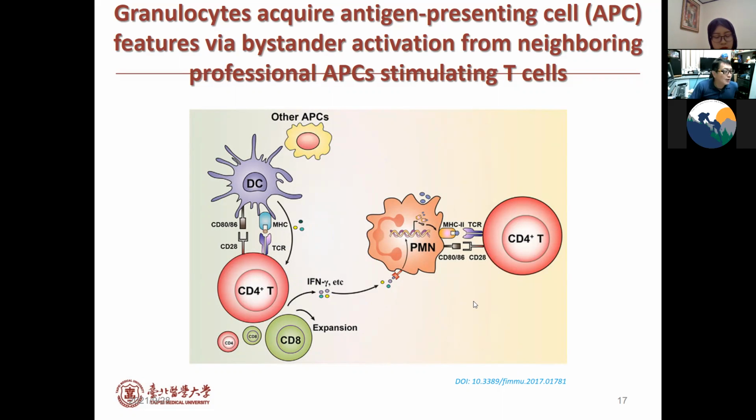And another thing, I'm telling you, there are two types of MHC class, right? 1 and 2. What's the difference? After this lecture, you have to know that class 1 will bind to CD8 positive T cells.